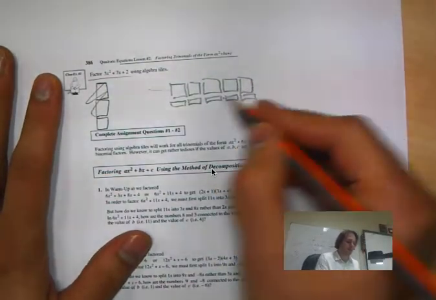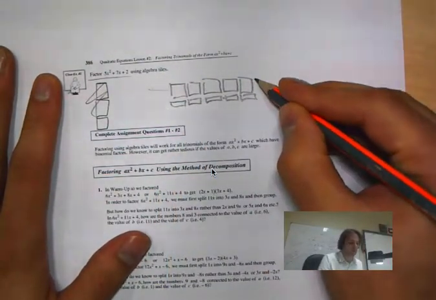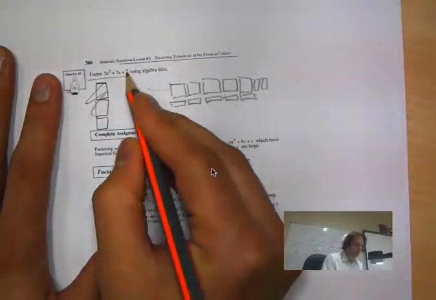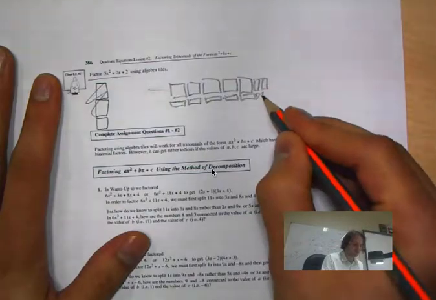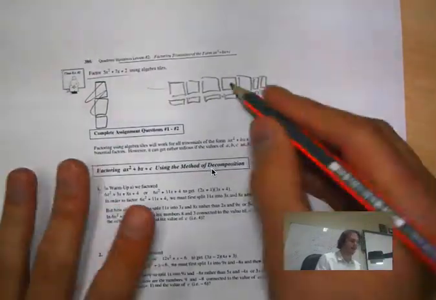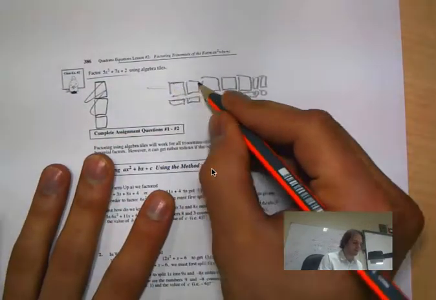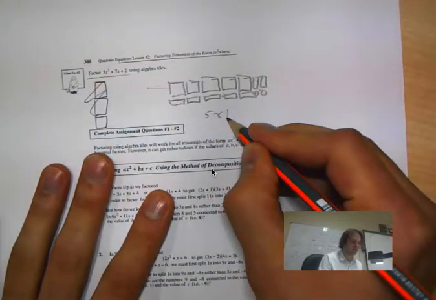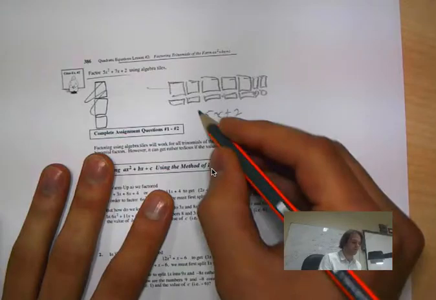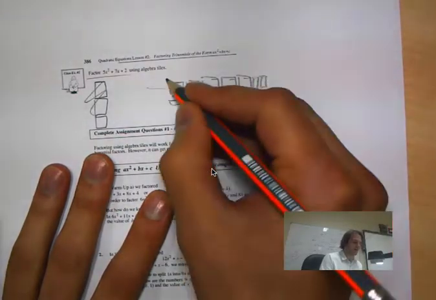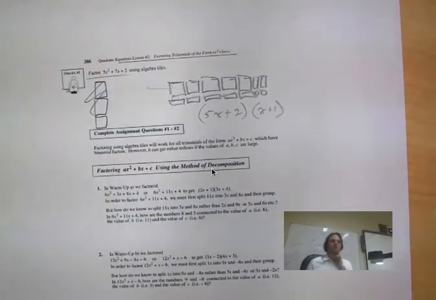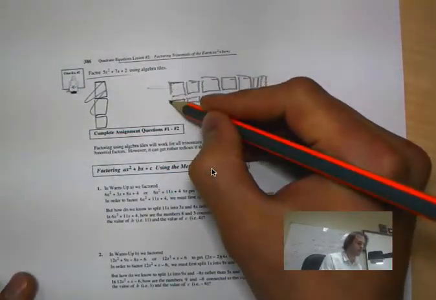Now, I can't start another row because it won't perfectly line up, so I have to put my other 2 here, 1, 2. And then we have plus 2, that's 1, 2. So it looks like that, and if I factor it, that's going to be 5x plus 2, all multiplied by x plus 1. And that's how we do that, because we go by those distances.